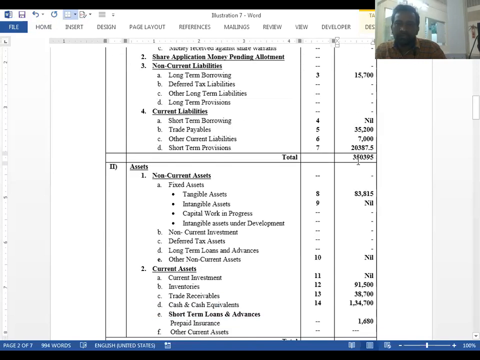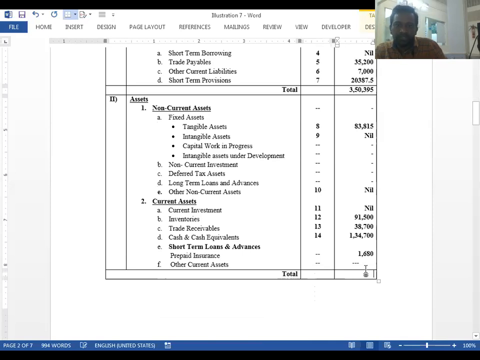And the asset side, is it matching with the liability side or not? Yes, Omkar? Yes, it is matching. Okay, no issue. Finally, we did it.